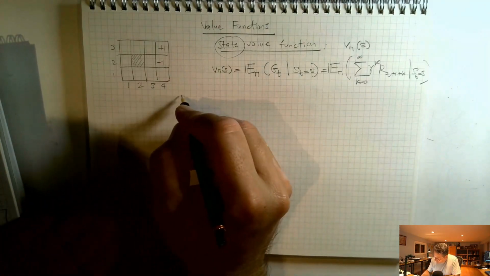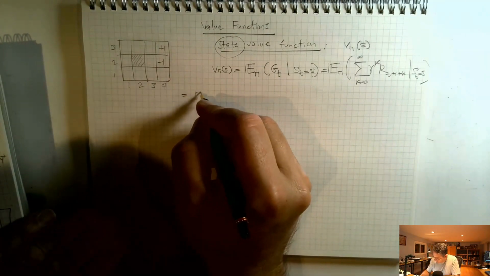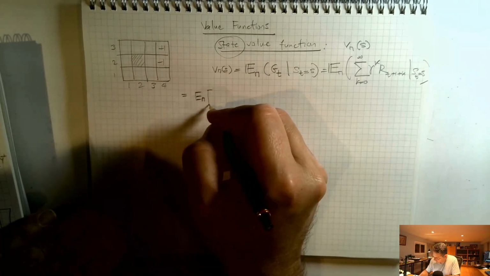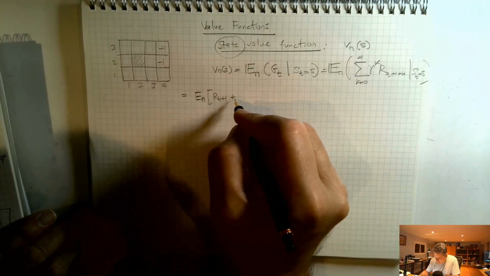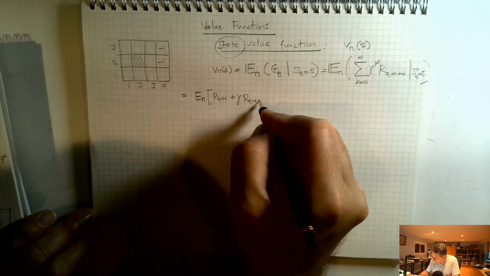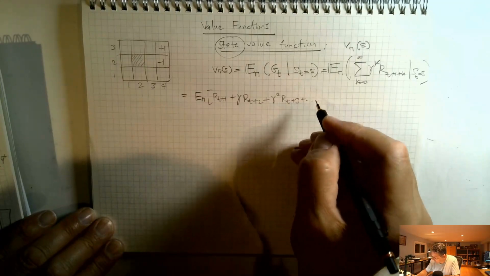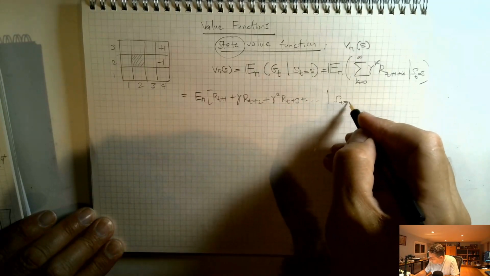We can write this as the expectation over policy pi of r t plus 1 plus gamma r t plus 2 plus gamma squared r t plus 3 and so on, given s t equals s.